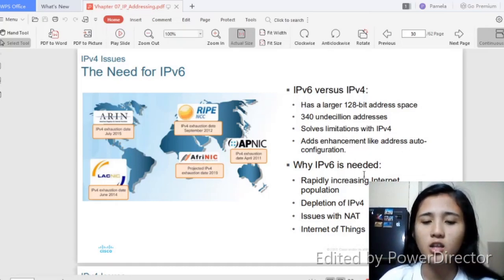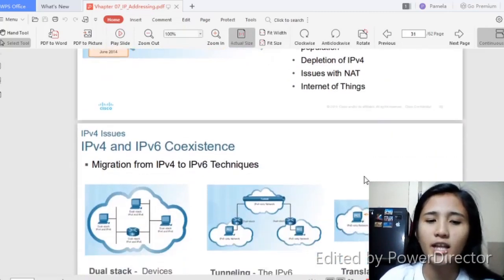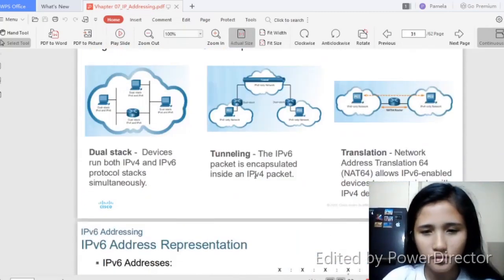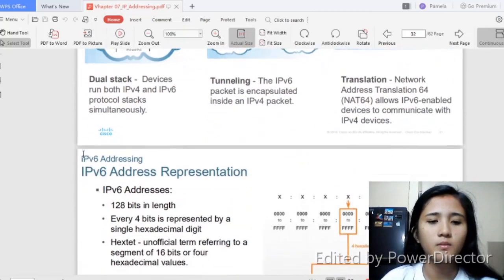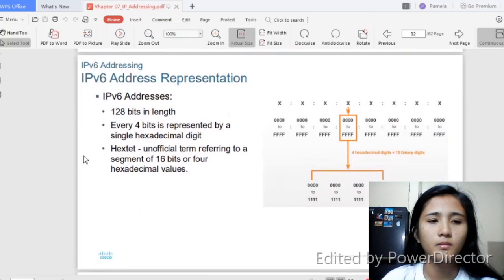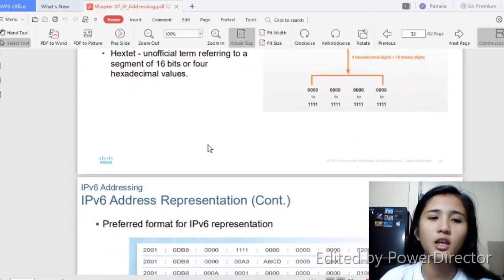Rapidly increasing internet population, depletion of IPv4, issues with NAT, Internet of Things. The IPv6 address is 128 bits in length, every 4 bits is represented by a single hexadecimal digit. Hextet, an unofficial term referring to a segment of 16 bits or 4 hexadecimal values.